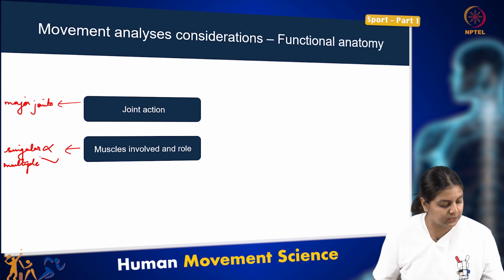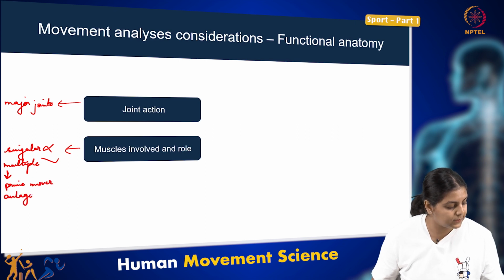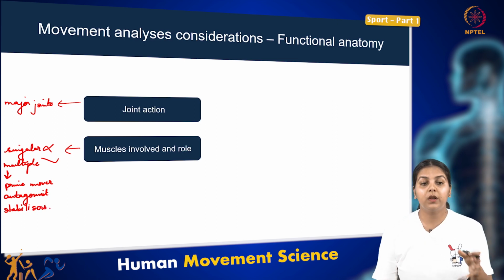Singular is no, multiple is yes. And what are their roles, right? So when we say roles, is it acting as a prime mover? Is it acting as an antagonist? Or are they acting as stabilizers, right? So what is the muscle role? They could be one of these three.